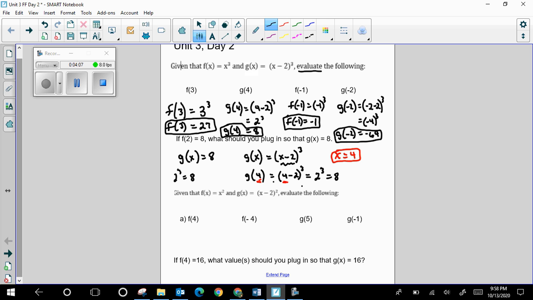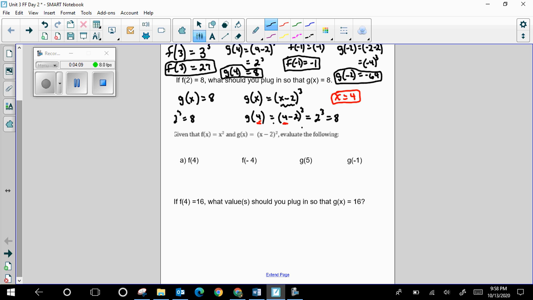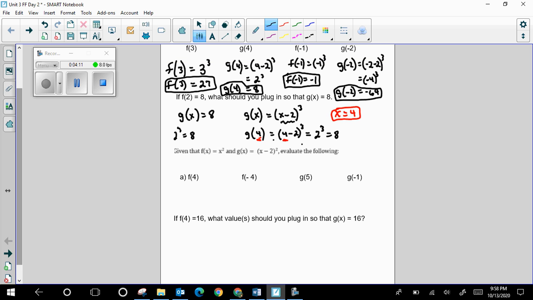All right, so a few more. Okay, so this one we're looking at x squared. So that gets a little trickier than x to the third. So f of 4 is equal to 4 squared, which is 16. So f of 4 is equal to 16. Oops, I don't know why I put negative 16.